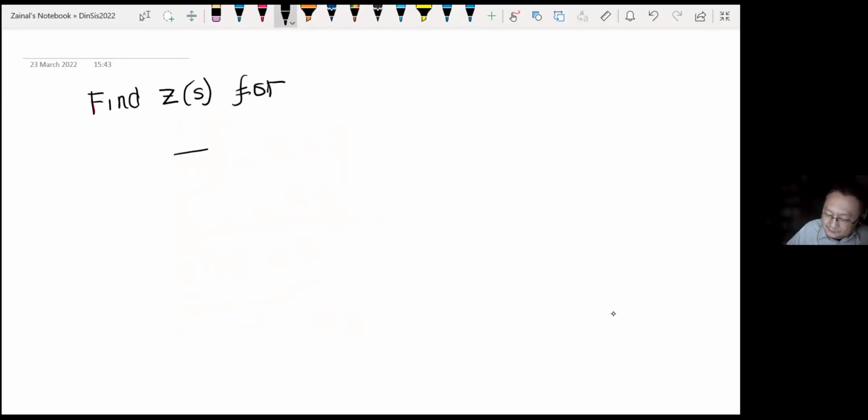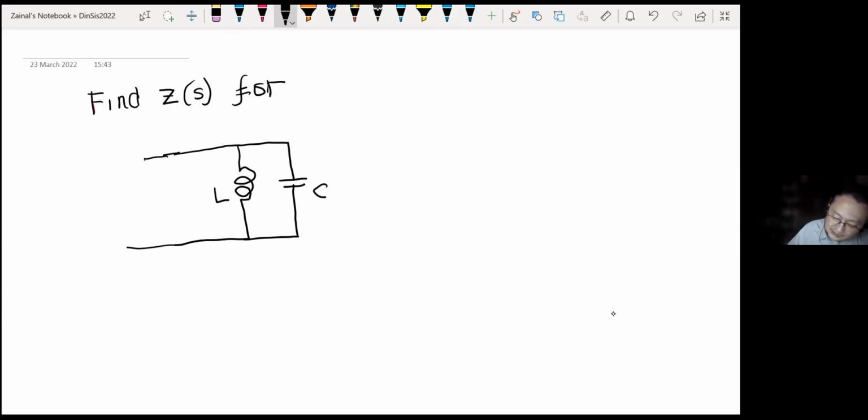For example, you have something like this, where this one is L and this one is C. For example, the voltage is VS and this one is I. And you want to find this one.